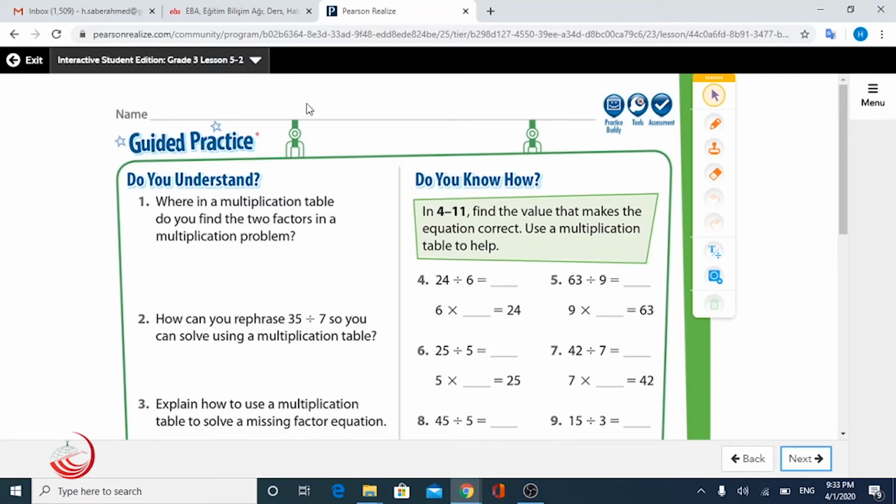Where in a multiplication table do you find the two factors in a multiplication problem? Now I want you to look back to the multiplication table and tell me where you can find the two factors.